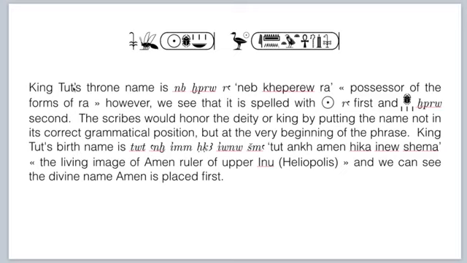I did actually come across another video that went through, I think the one that you have now on your screen, the titulary for Tutankhamun. I saw a video going over the reason why it is read directly with no honorific transposition, but it didn't actually go through the meaning.